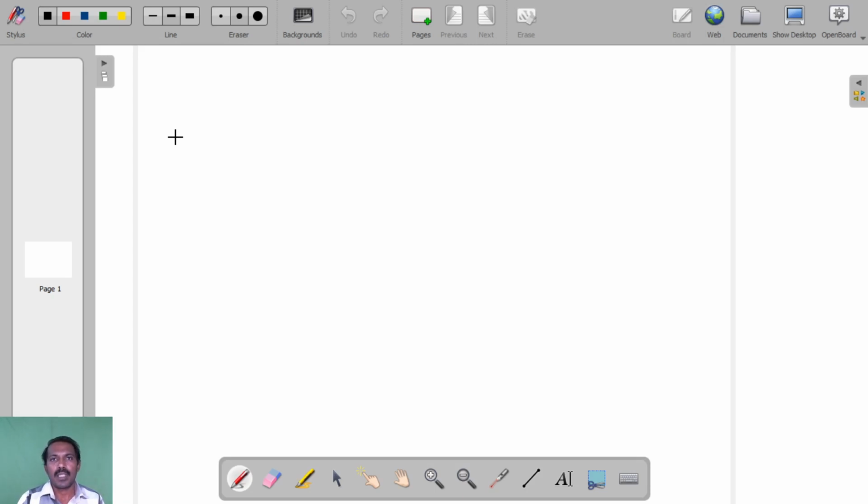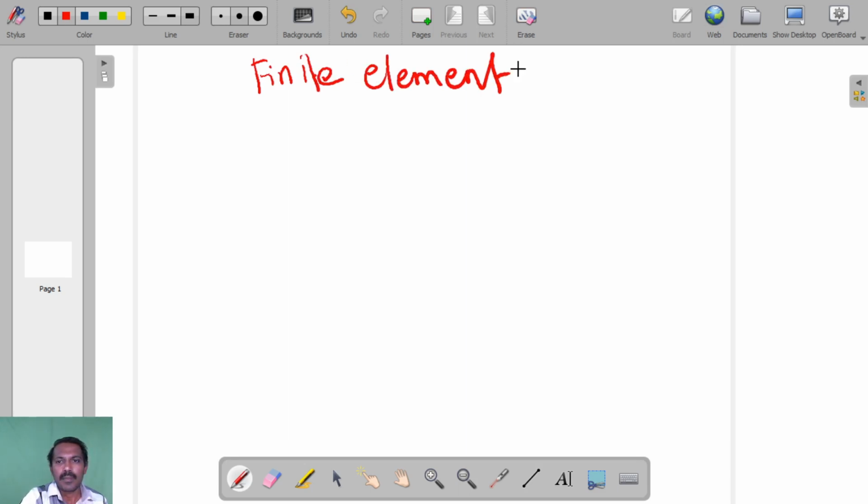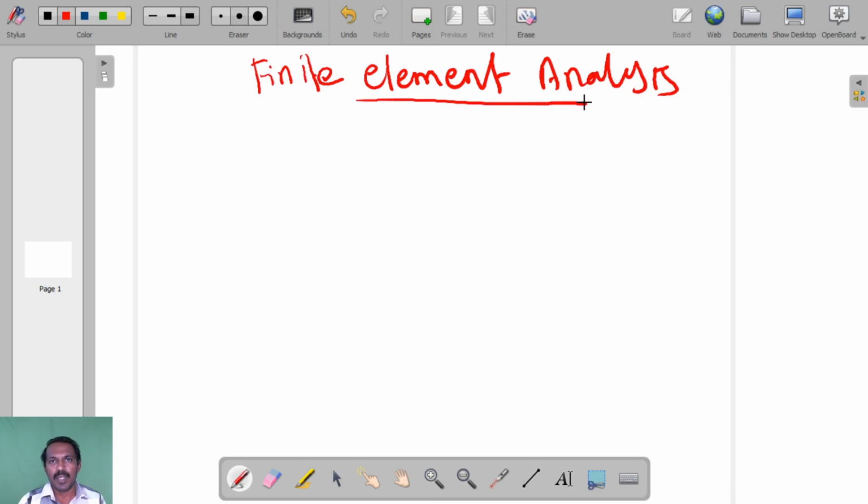So now we discuss finite element analysis. The main objective of this subject is to introduce the concept of mathematical problems of real life engineering problems.